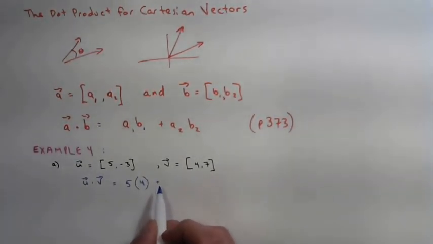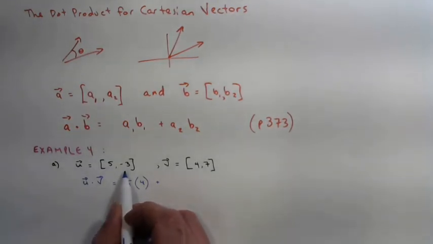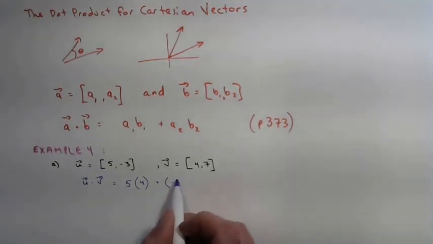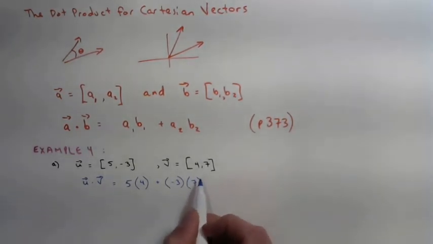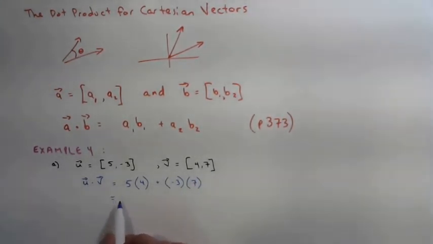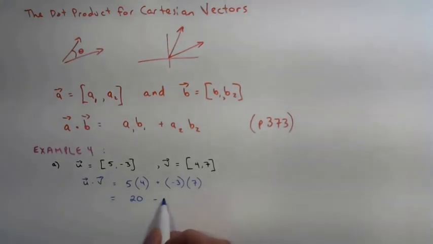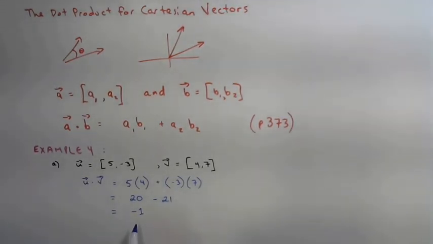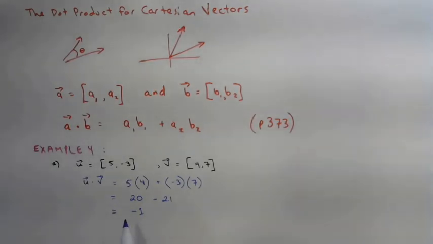And then we're going to add the second value of u, negative 3, multiply that by the second value of v, which is 7. Simplify this is 20 minus 21. Final answer of negative 1. And we remember this is the work being done. It's not a vector quantity, it's a scalar quantity. And here we don't have the units defined, but that's okay.